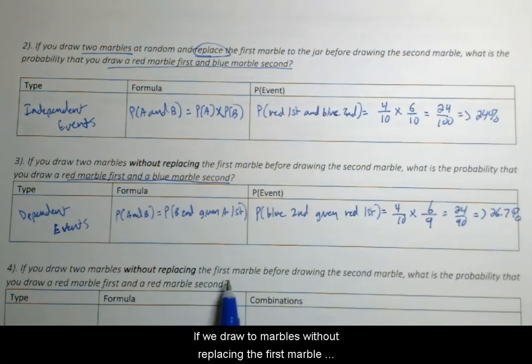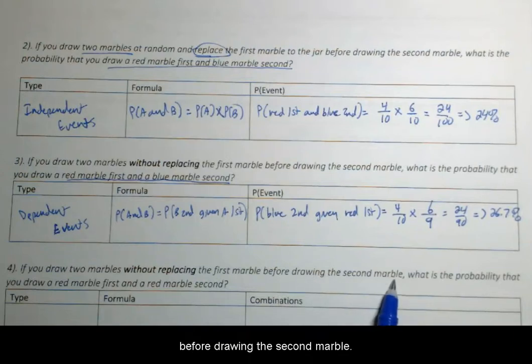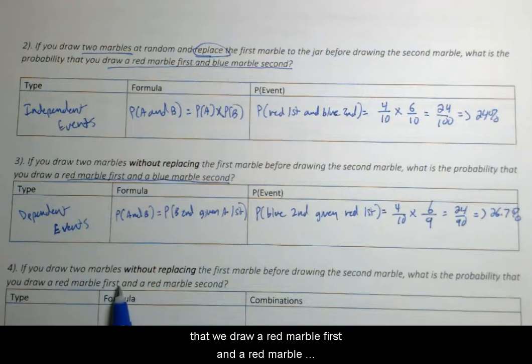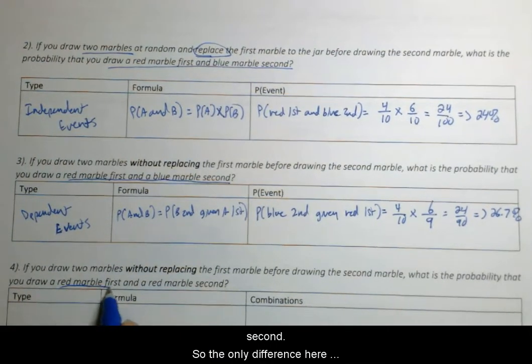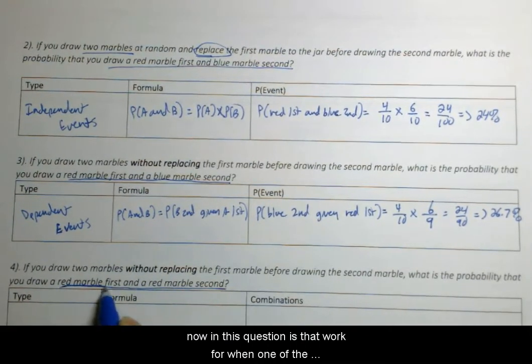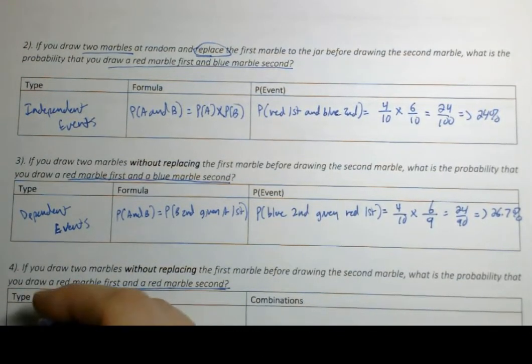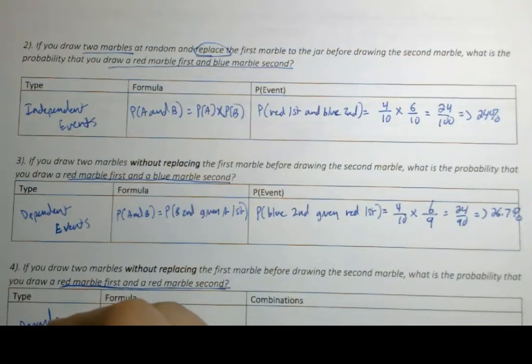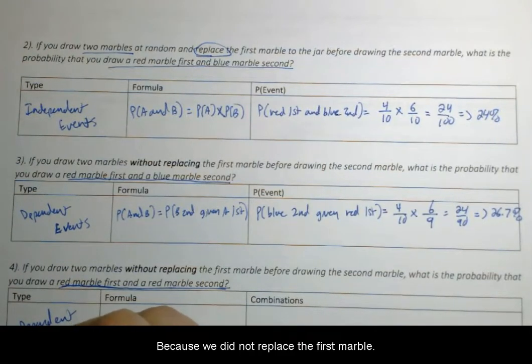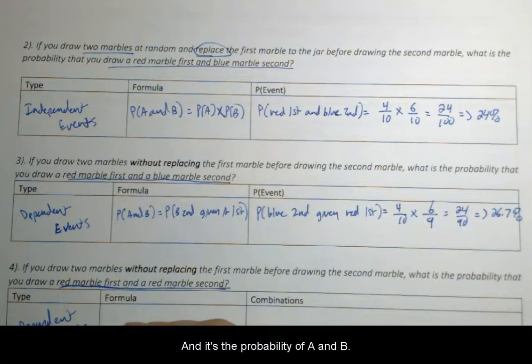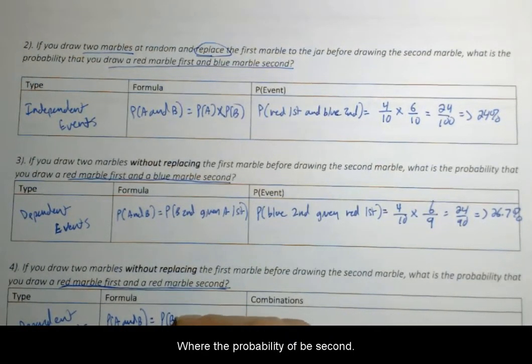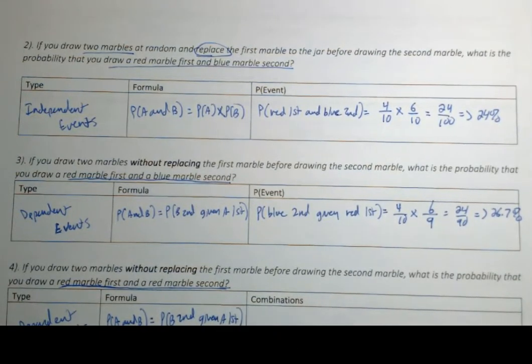If we draw 2 marbles without replacing the first marble before drawing the second marble, what is the probability that we draw a red marble first and a red marble second? So the only difference here now in this question is that we want to know the probability of drawing 2 red marbles instead of a red first and a blue second. So it's dependent events again because we did not replace the first marble. And it's the probability of A and B, where the probability of B second given A first.